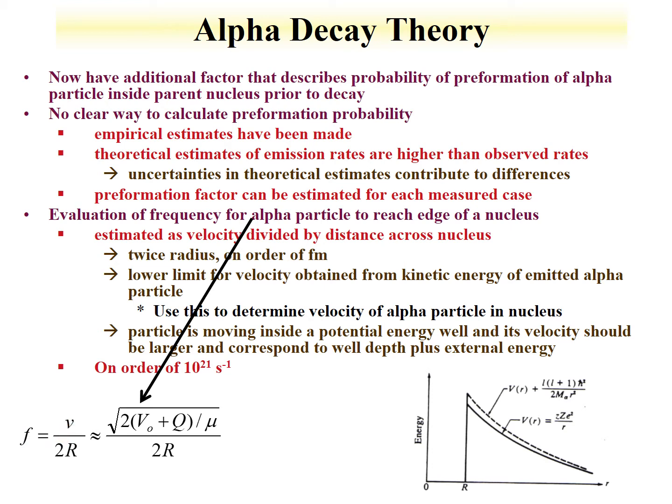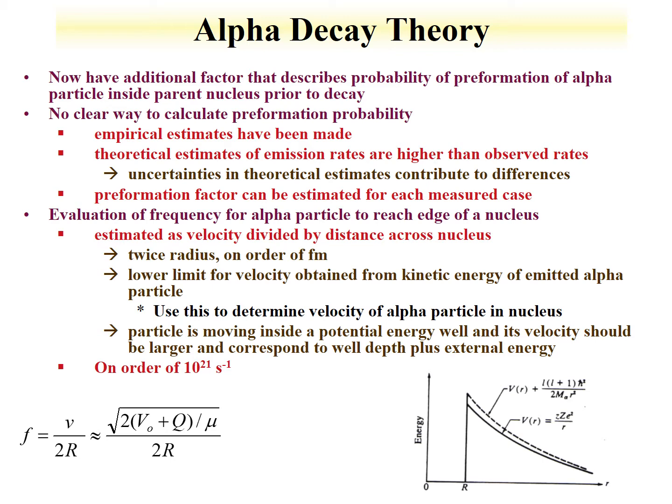It's basically related to the velocity of the alpha particle, and if we can calculate the radius of the nucleus, and we've already discussed how to do that, we take twice the radius. That's a distance that the alpha particle would need to traverse, and that's on the order of femtometers. We can get information about the alpha velocity from the kinetic energy, and we can use 1/2 mv squared.